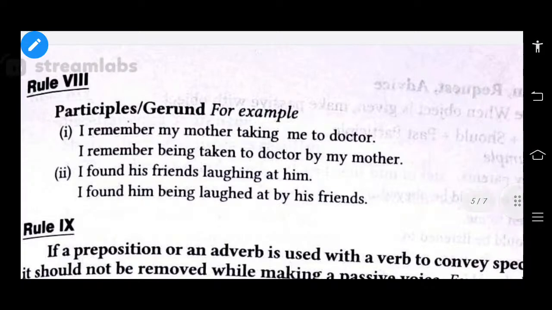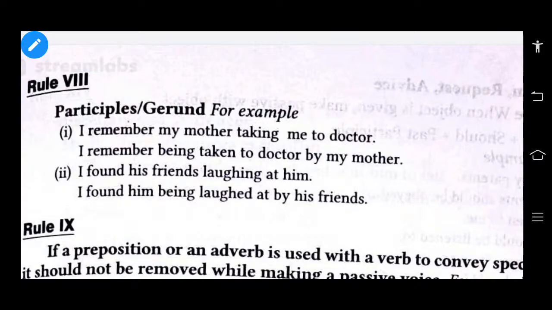Okay, so rule 8: participles and gerunds. How many of you have attended the non-finite classes regarding non-finite verbs? I told you, a non-finite verb means a verb which is not affected by its subject and time.